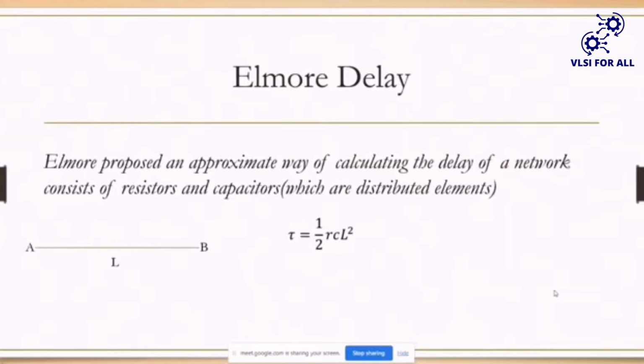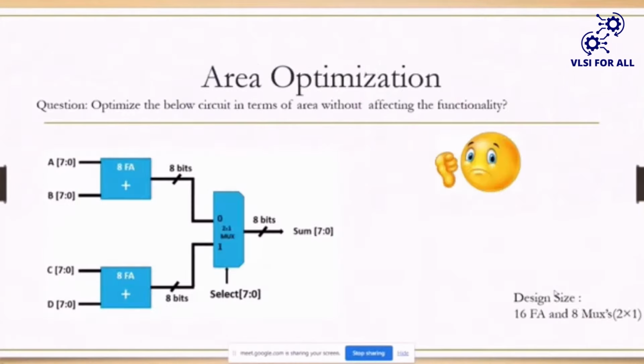By doing buffer insertion, you can reduce the net length. Consequently, net delay can be reduced. That's none other than buffer insertion.